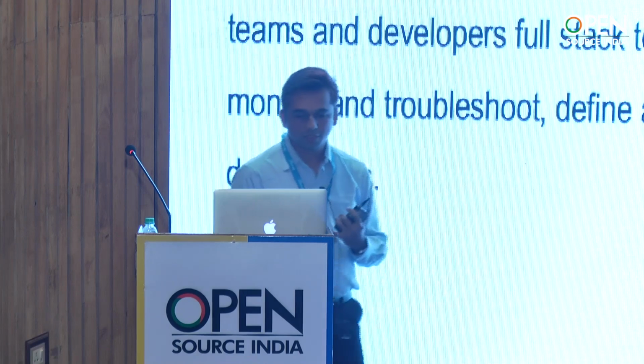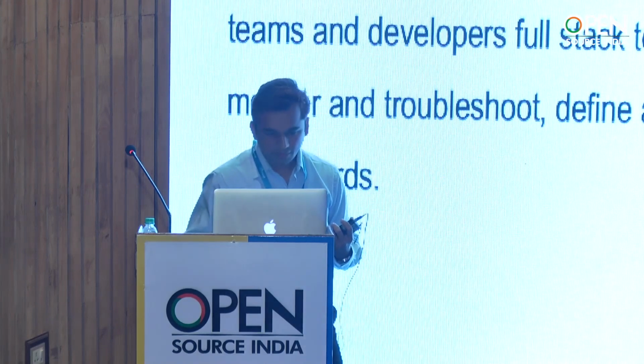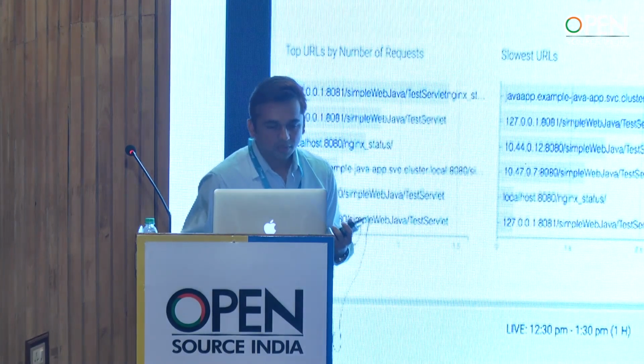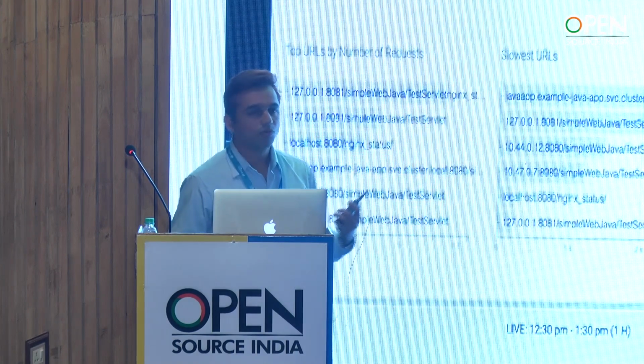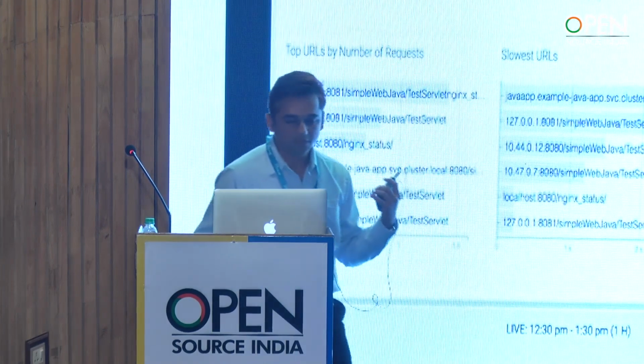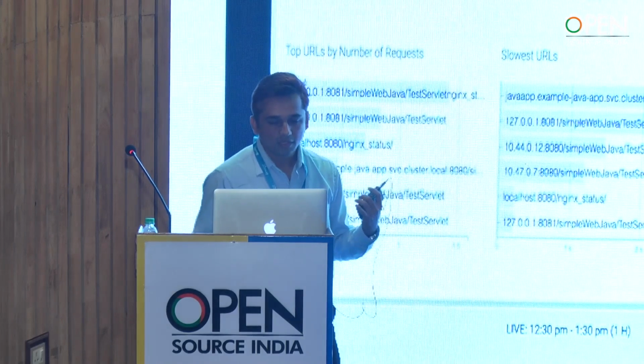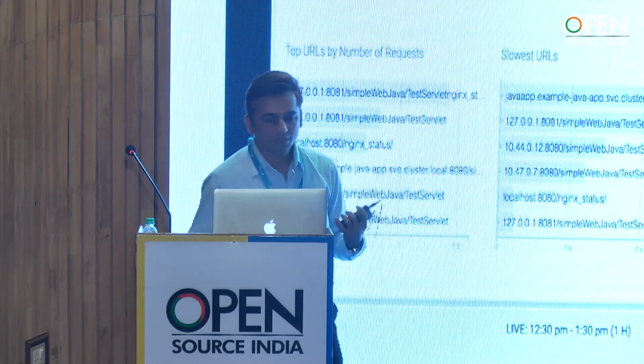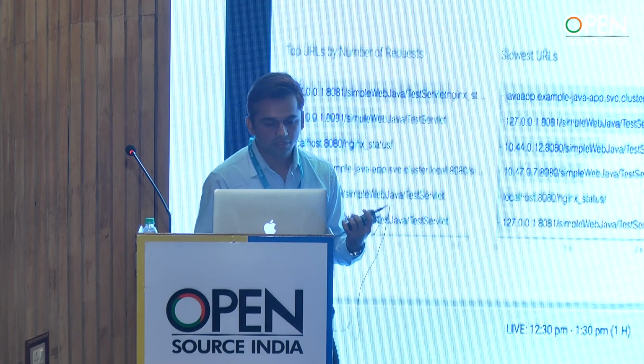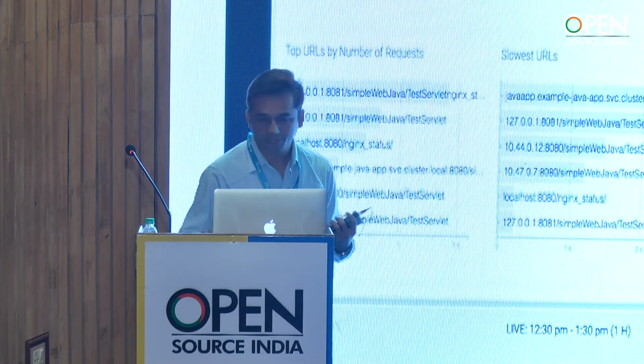So this is the metrics side. I've just posted one screen of how the Sysdig screen would look. This is capturing metrics. You can see here it has request count and HTTP error count. These are some of the sample metrics I'm displaying here.